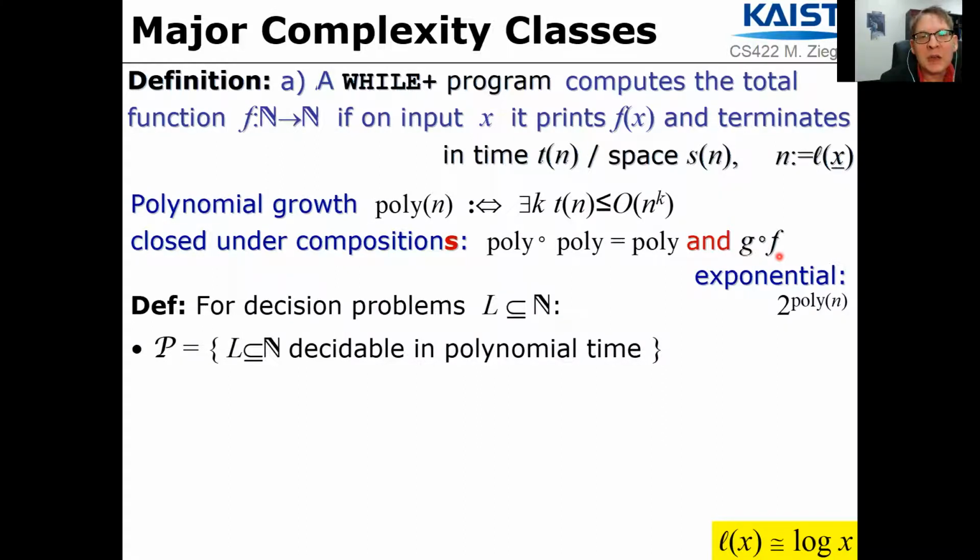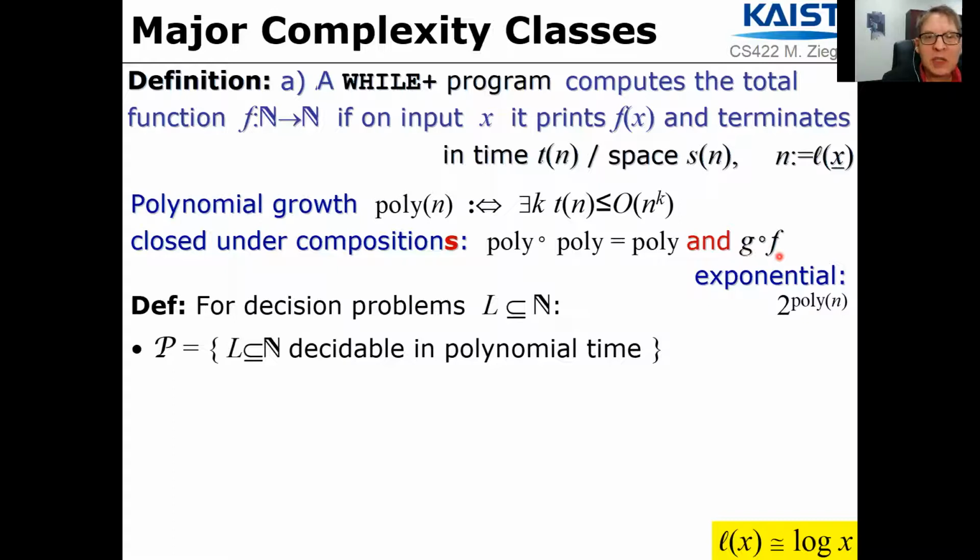Recall that being decidable means that there's a while plus program that on input of a natural number tells whether this number belongs to L or not. So it always terminates, and even more, it does so in a time which is polynomial in the binary length of the given natural number.